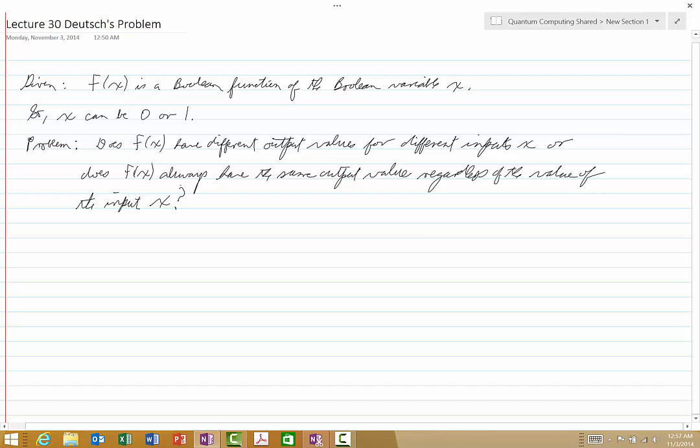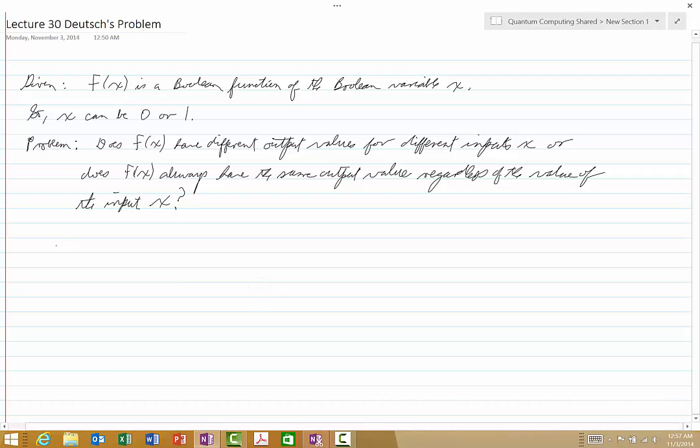If we wanted to try to answer this kind of a problem classically, the only alternative would be to try the two different input values, x equals 0 and x equals 1, and to see if the output is the same or if it's different. But as we'll see with quantum computing, that's not necessary. So how does this go?